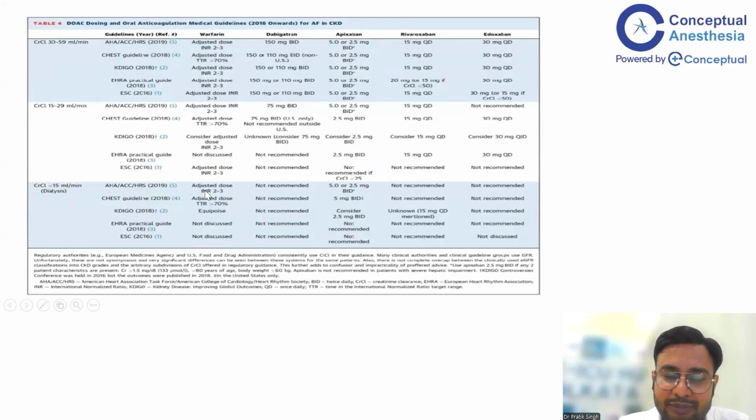Rivaroxaban is not recommended if the creatinine clearance goes below 15. Edoxaban is also not recommended. To note from this, in renal disorder, two anticoagulants can be used: warfarin and apixaban. Other drugs can be used, provided the creatinine clearance is up to 30, and those drugs need dose modification.